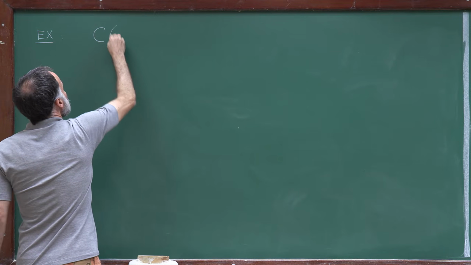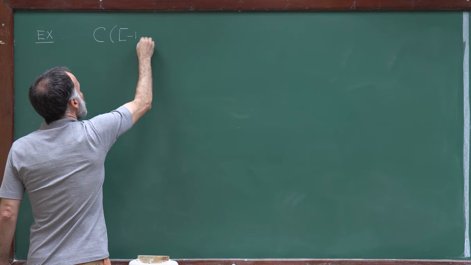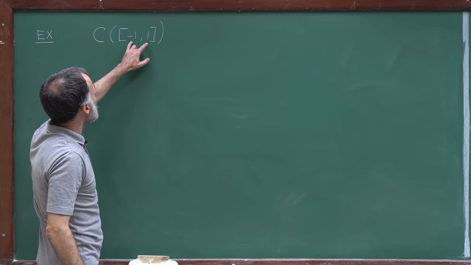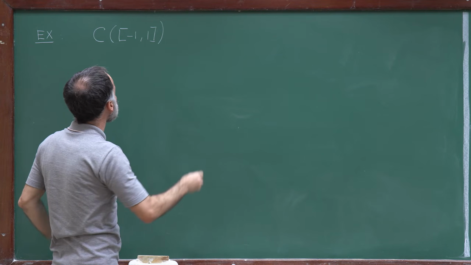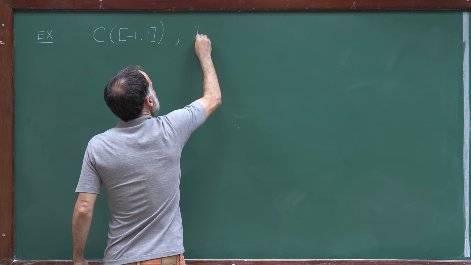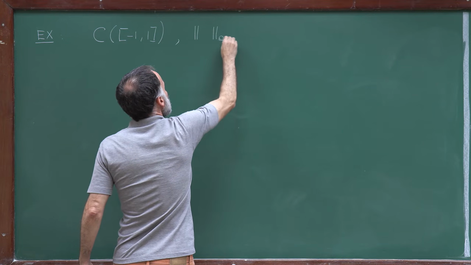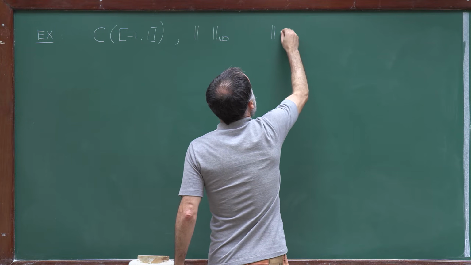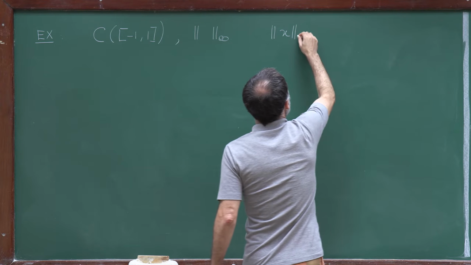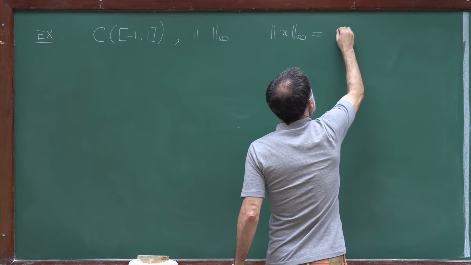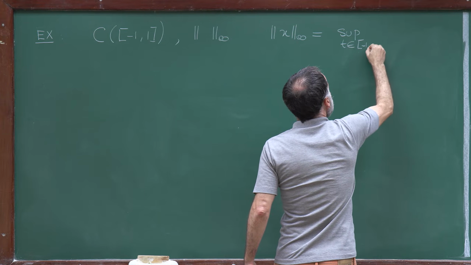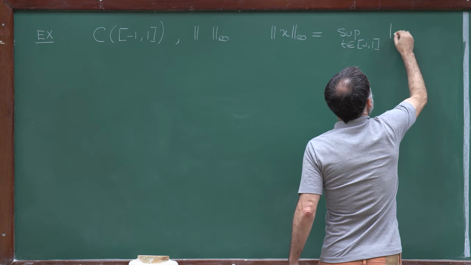Let's represent by C([-1,1]) the space of continuous functions from the interval [-1,1] to R. And this space is endowed with the sup norm. So this means that for a continuous function x, the norm is just the supremum for t in [-1,1] of |x(t)|.